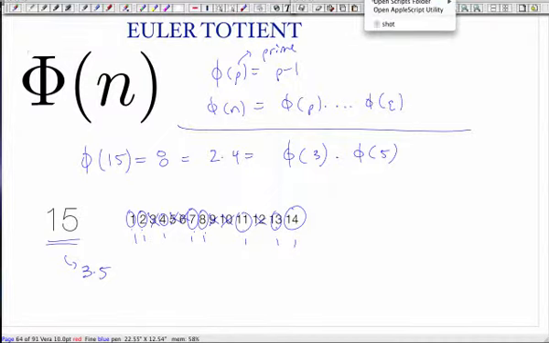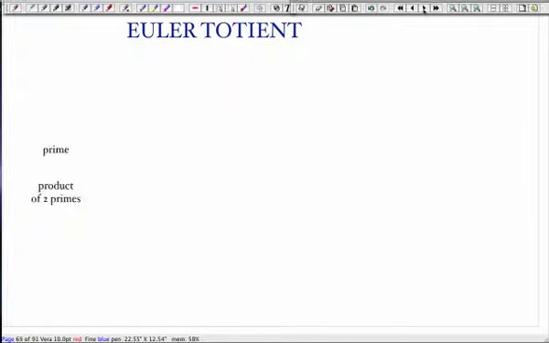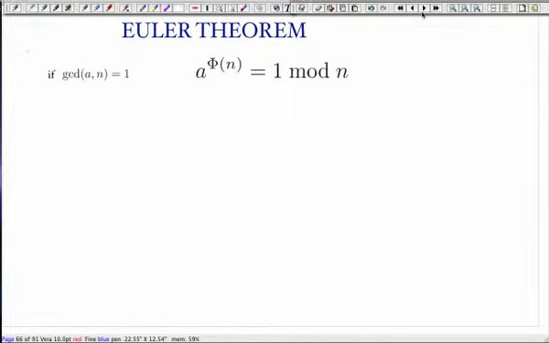Why do we care about this phi of n function? Because it actually has a very cool number theory property, and this is called Euler's theorem. So if a and n are relatively prime, there's this very cool property, which is that a to the phi of n is 1 mod n.